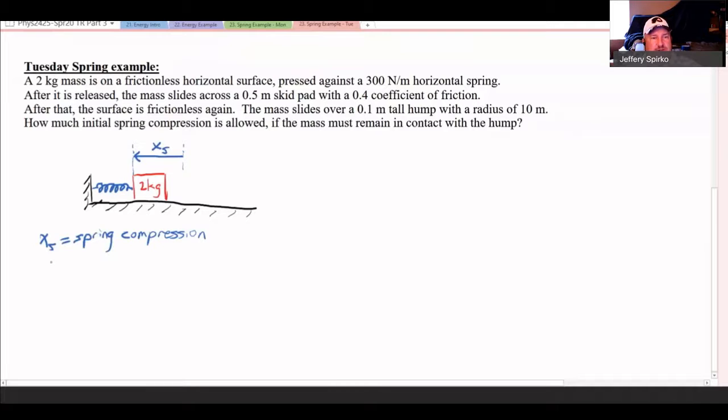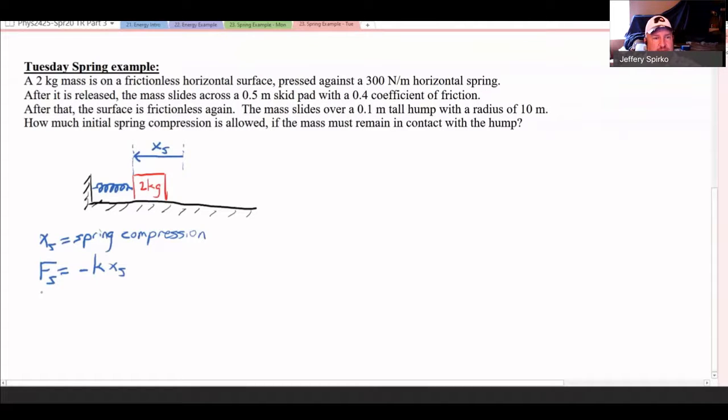One thing we know about springs is they produce a force, which is minus k x sub s. The minus sign symbolizes the idea that if x sub s is toward the left, the spring force is toward the right. And the amount of force is proportional to the amount of stretch or compression.